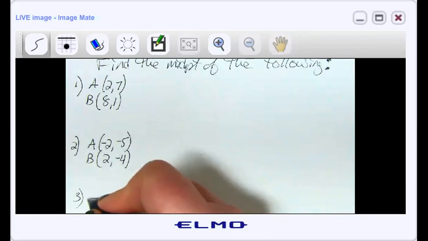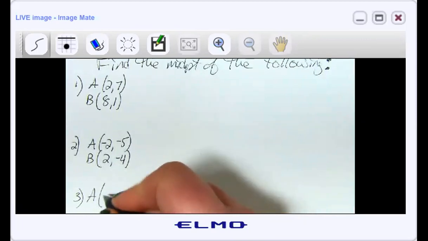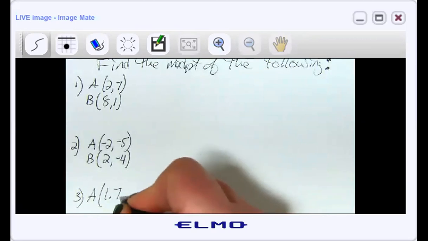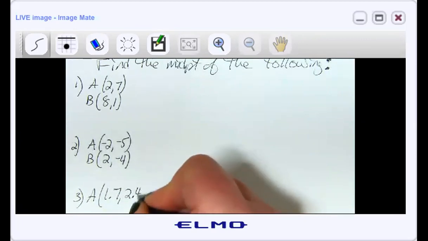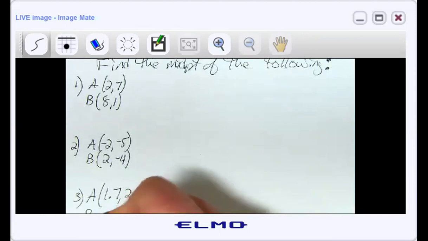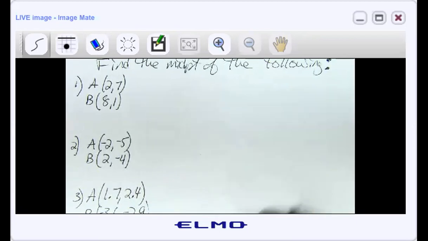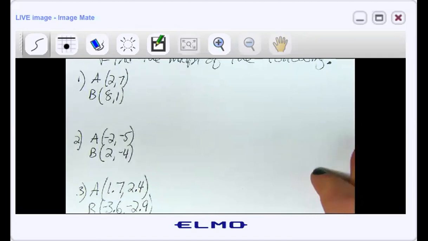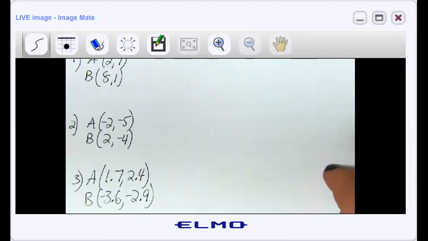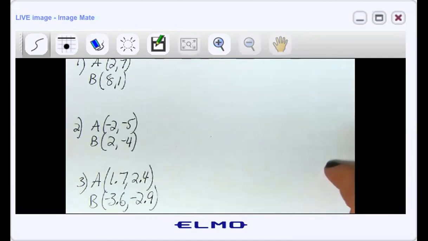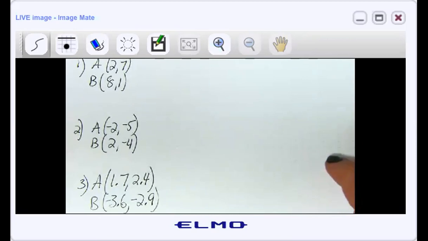We're going to have A, I'm going to throw some decimals at you. 1.7, comma 2.4. And then B is going to be at -3.6, comma -2.9. All right, I'm going to zoom in just a smidge. So you're finding the midpoint for each of these 3 sets.